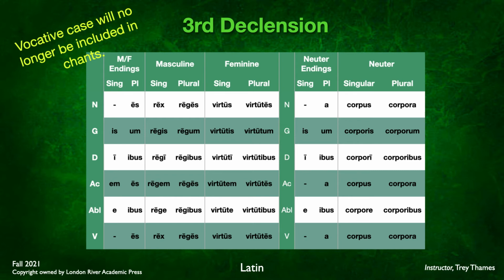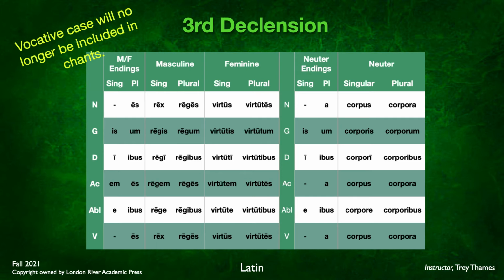Now, the last thing we'll look at is the third declension neuter endings. And again, those endings are blank, is, i, blank, e, a, um, ibus, a. We have the example here, third declension neuter, is corpus, which means body. And here we go. It's corpus, and the genitive is corporis.